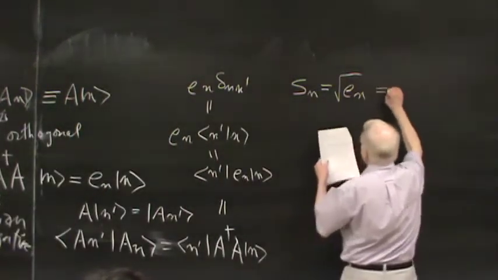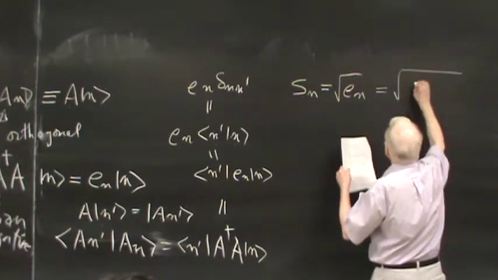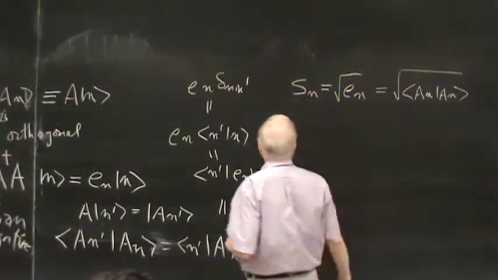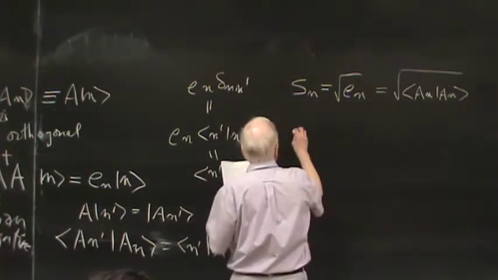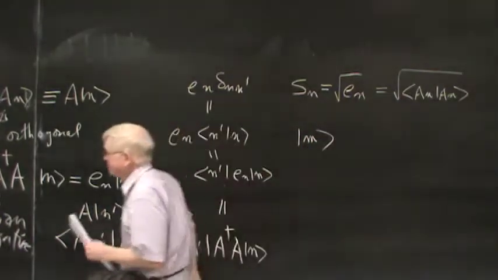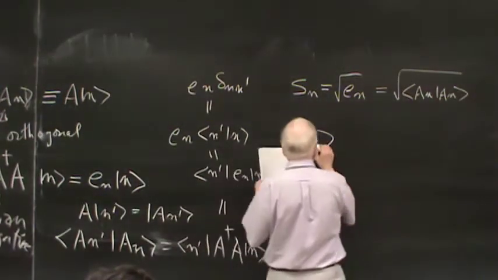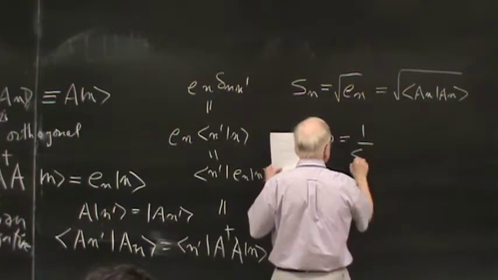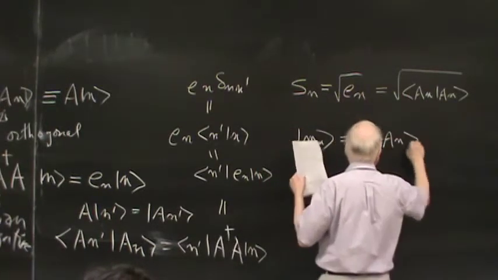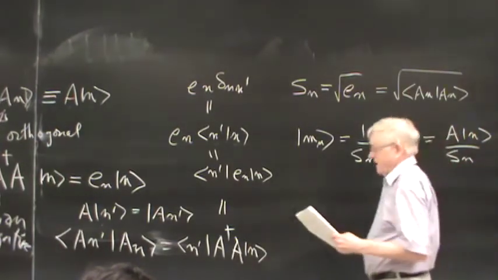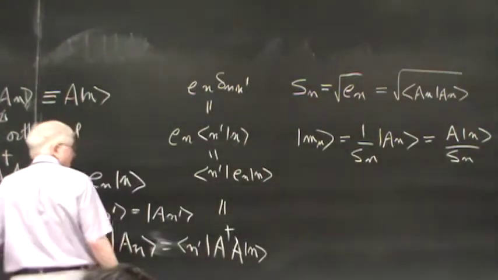And so that means that you can define the vectors on the other side. In other words, we're mapping into orthogonal vectors. Now we want to normalize them. And so the way we normalize them is we say m sub n is equal to 1 over Sn times the vector A n, and of course that's just A acting on n over Sn. And so that makes them orthonormal.